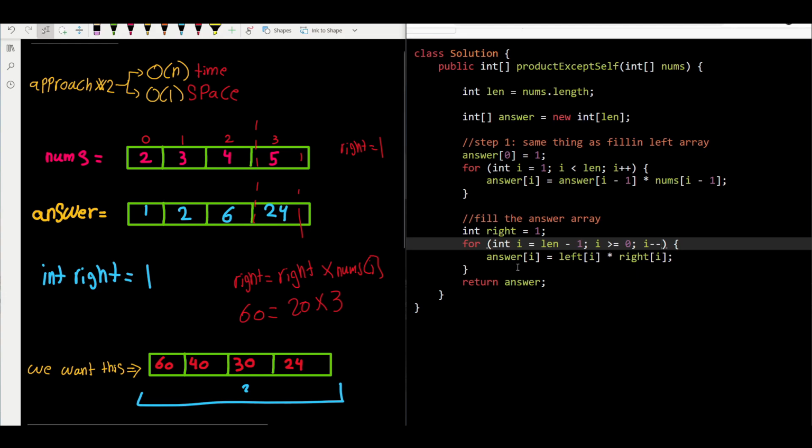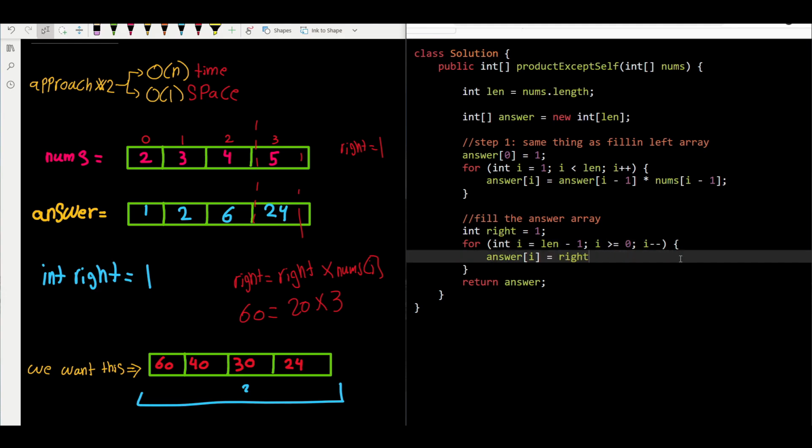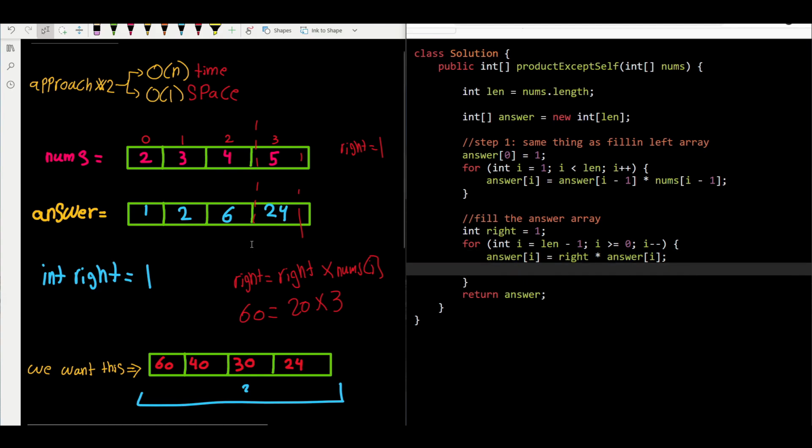And now what? Well, we said the answer at index I is equal to the right variable that we have times answer at index I. Okay, and we said we need to update the right variable: right equals right times nums of I. And that's it.